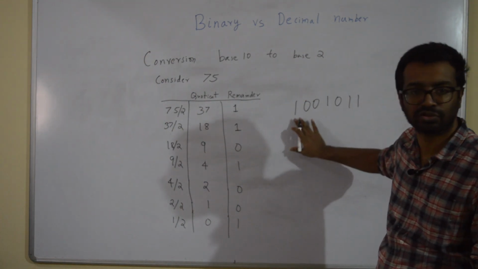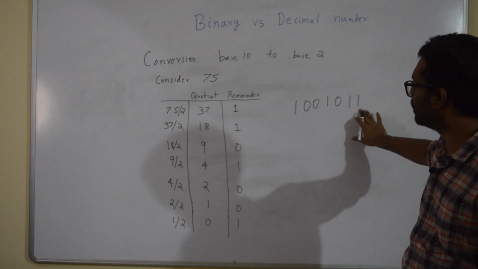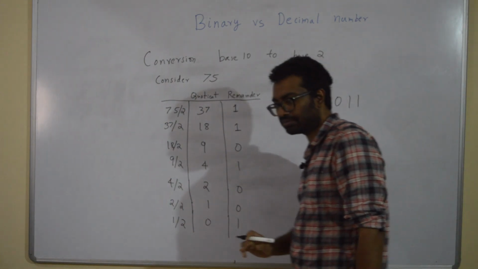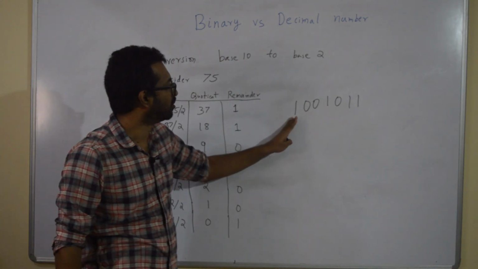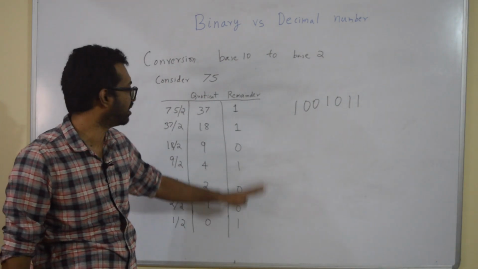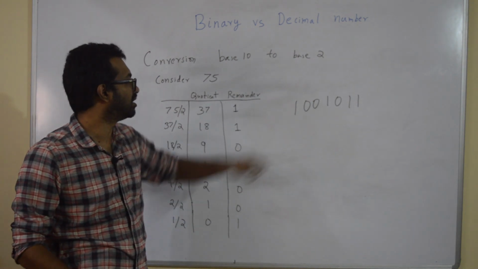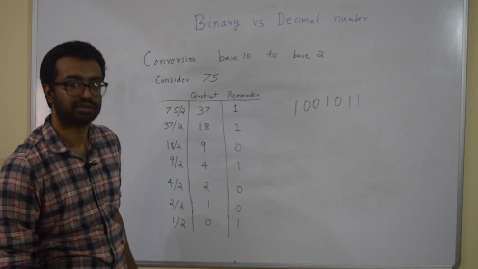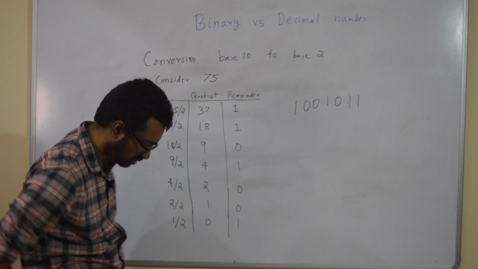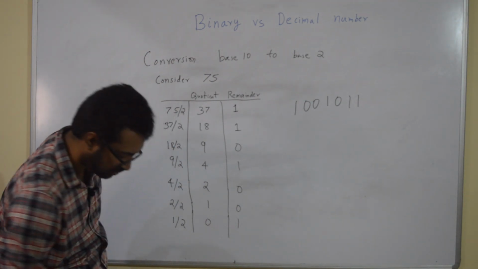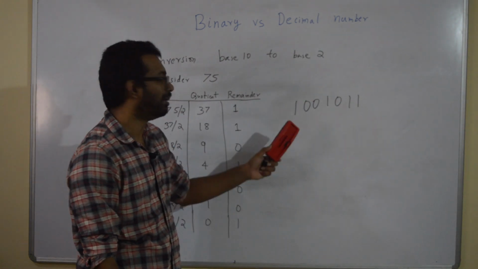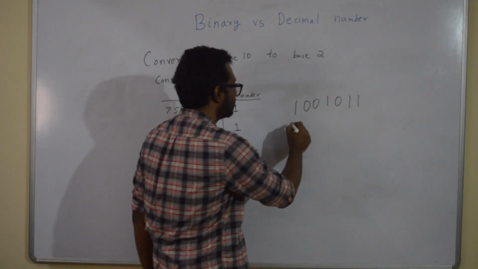This is going to be the most significant bit, and this one is going to be the least significant bit, and you write it like this. This is the binary number for 75.